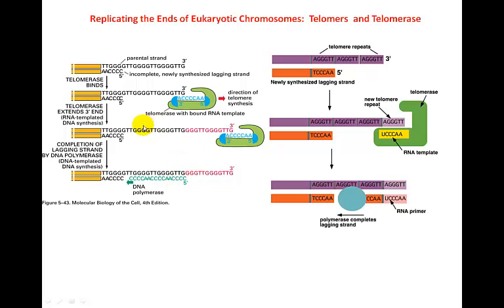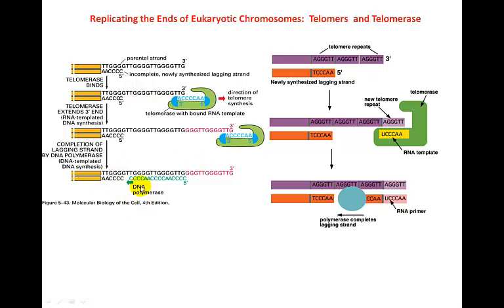So we lengthen the end of the chromosome. That gives us enough space to create a primer going 5' to 3', and then we can use our normal replicative DNA polymerases to extend that chain, and then we can use ligase to put the 2 chains together, etc. So this shows it in kind of detailed sequences.